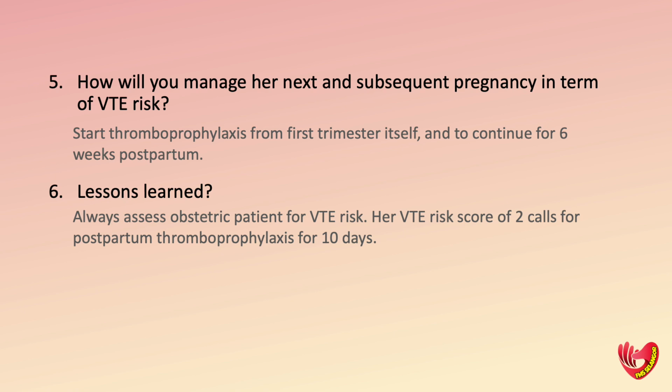This case showed the importance of VTE risk assessment for obstetric patients, be it during antenatal or postpartum period. Her VTE risk score of 2 calls for postpartum thromboprophylaxis for 10 days. If it was administered as indicated, we could have prevented the incidence of DVT and pulmonary embolism.